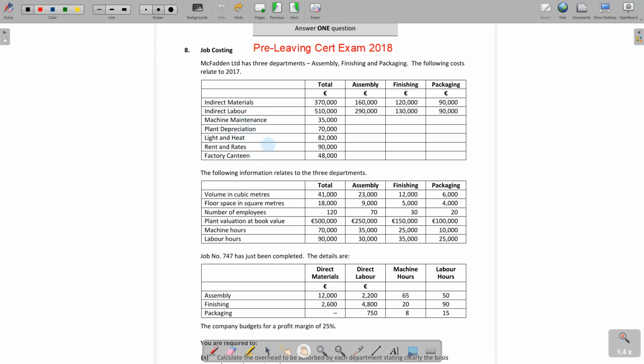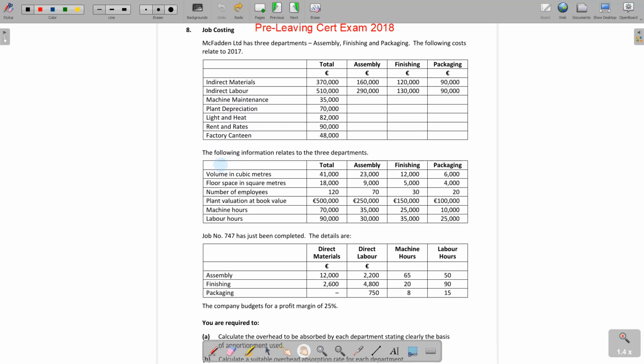So they're overheads. What we're then given is the following information relating to the 3 departments: assembly, finishing, and packaging. We have different metrics to work with the departments. We have volume in cubic meters, so there's a specific overhead that will be associated with that. Floor space in square meters. So we can see that assembly is the largest part of the building, whereas finishing and packaging are smaller.